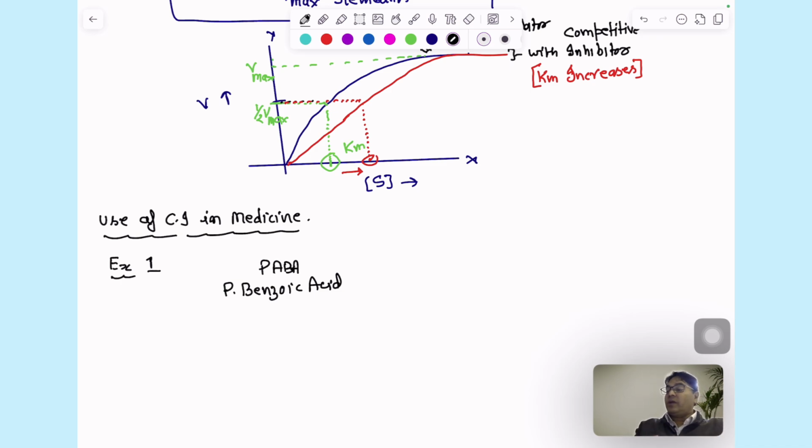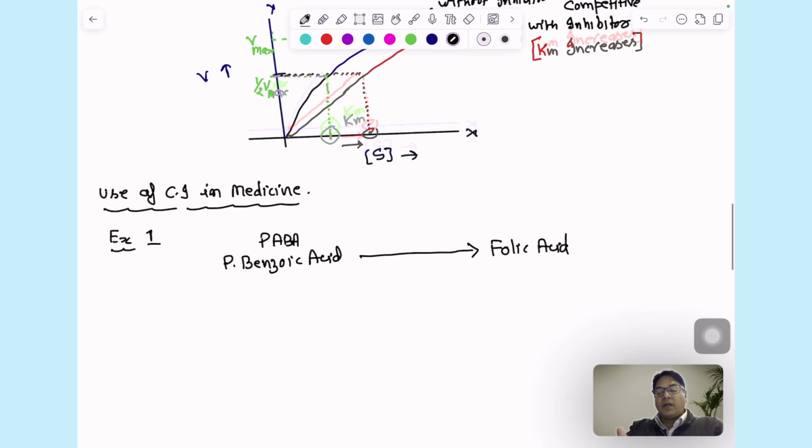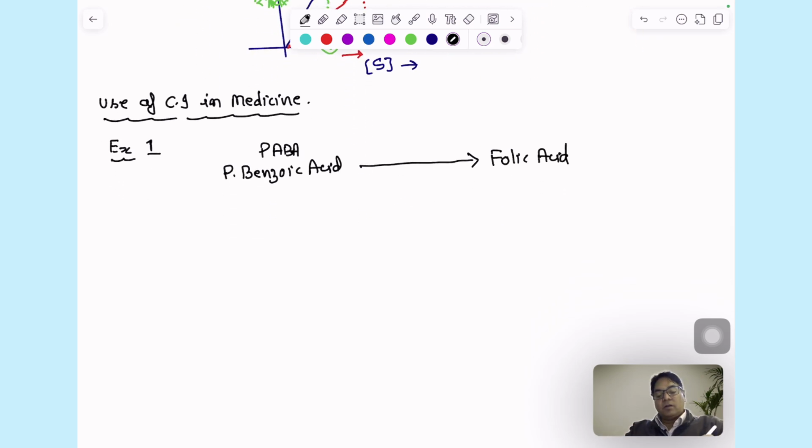Now this PABA is converted into folic acid inside the bacteria. It is normal in the case of bacteria. Now what happens, this folic acid is responsible for growth and development of bacteria.